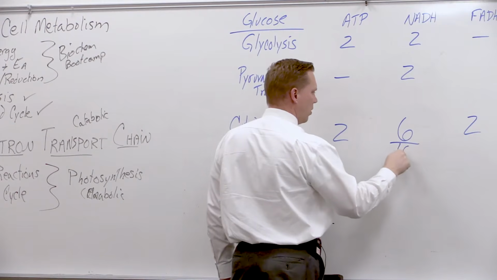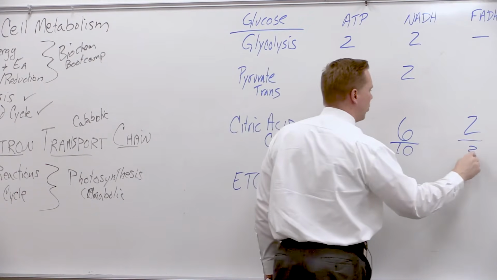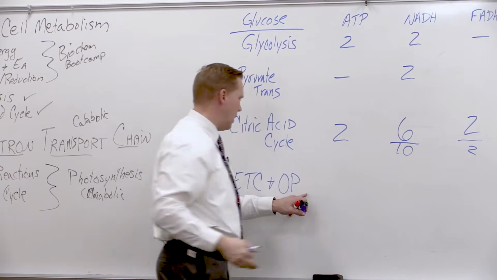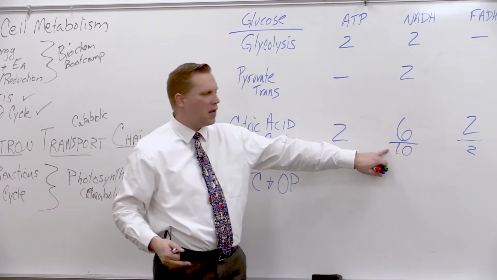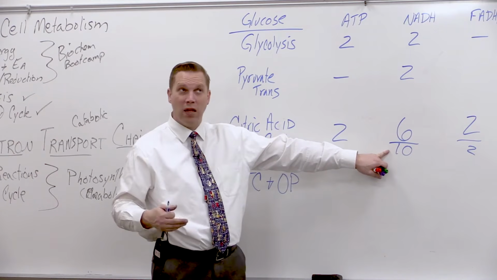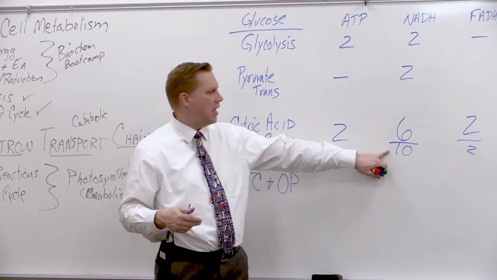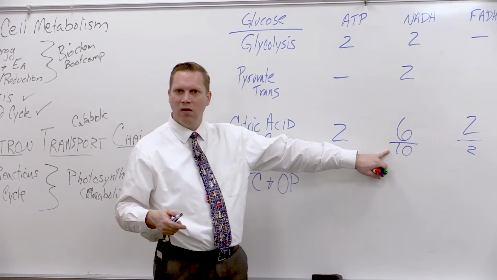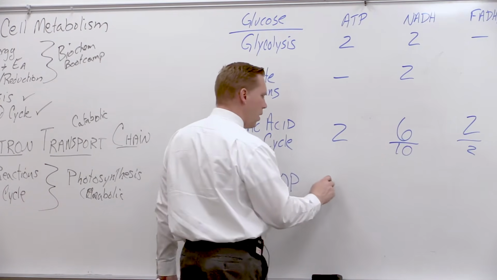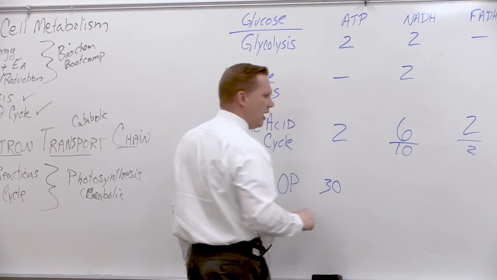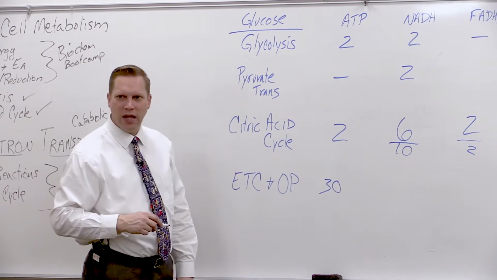So let's subtotal that 10. We're going to take this 10, and out of the electron transport chain, we're going to get 3 ATPs for every NADH that we put into it. So if we take 10 times 3, we're going to get 30 ATPs out of our NADHs.